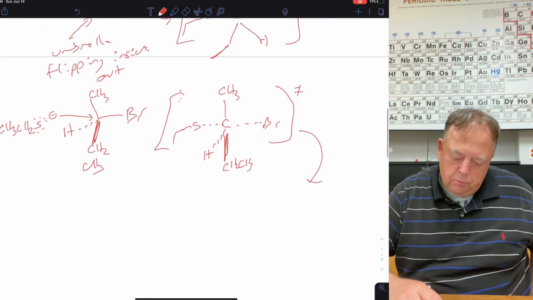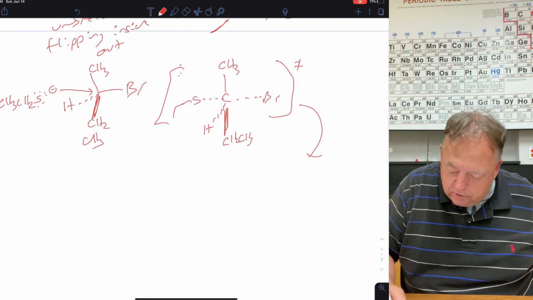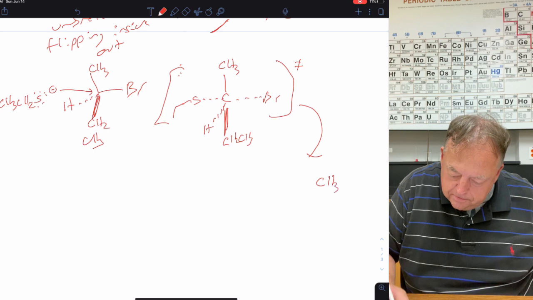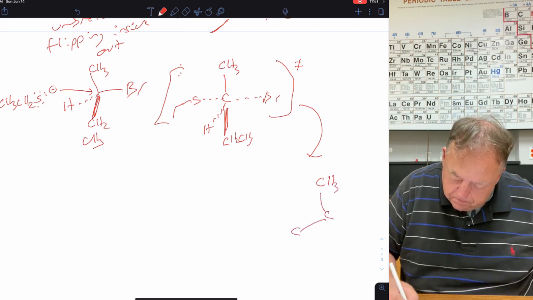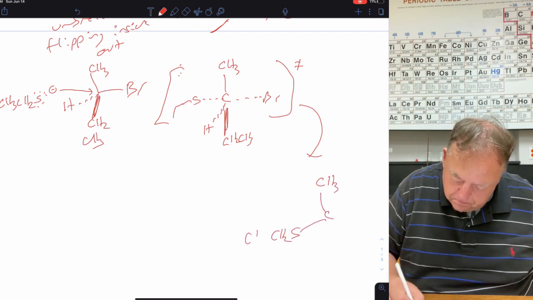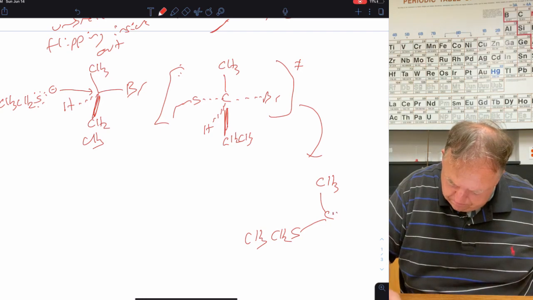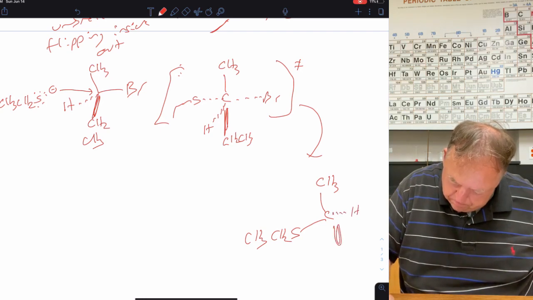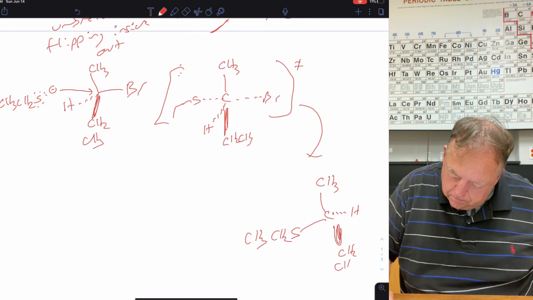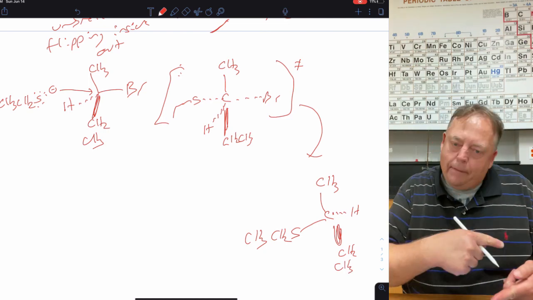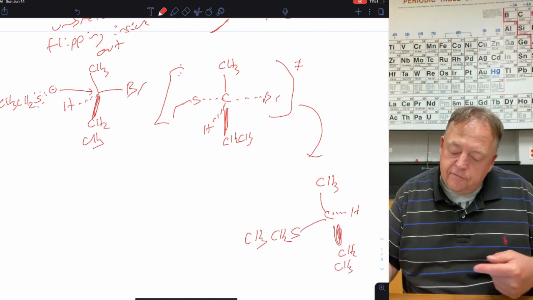And when you finish breaking the carbon-bromine bond and finish making the carbon-sulfur bond, sulfur ends up on the opposite side from where the bromine left.